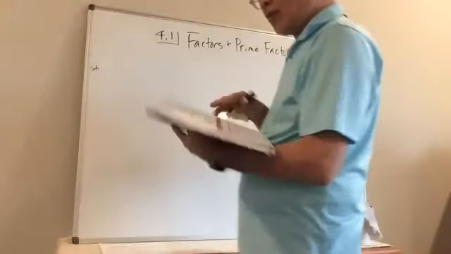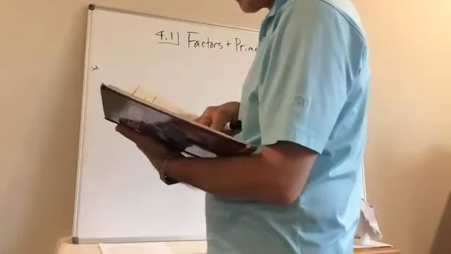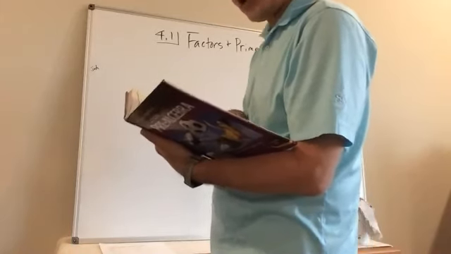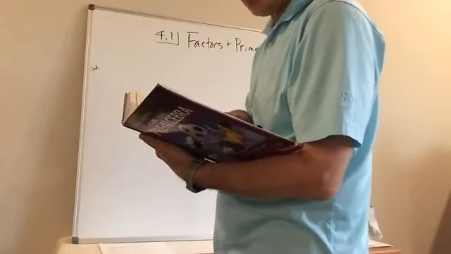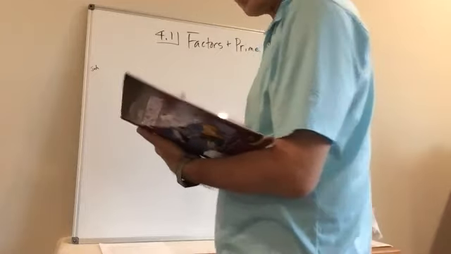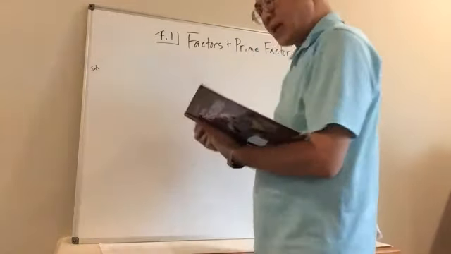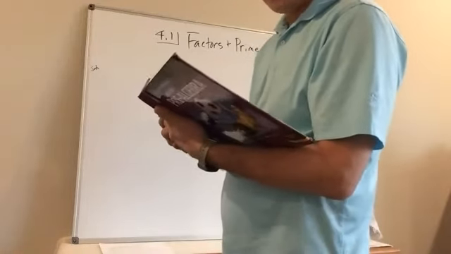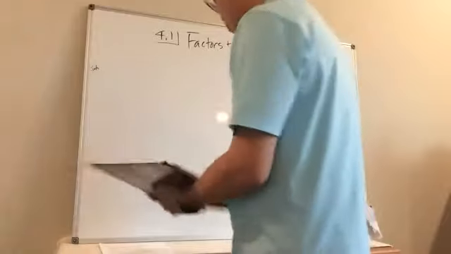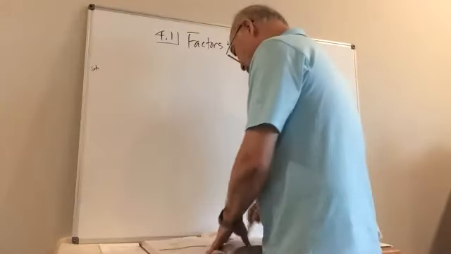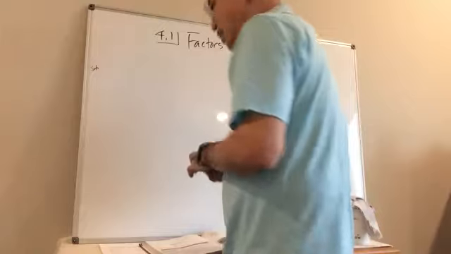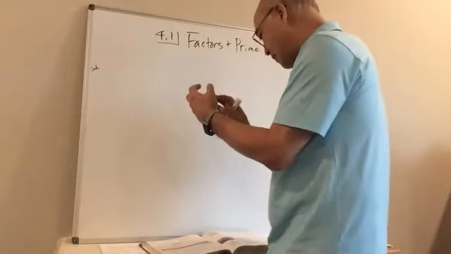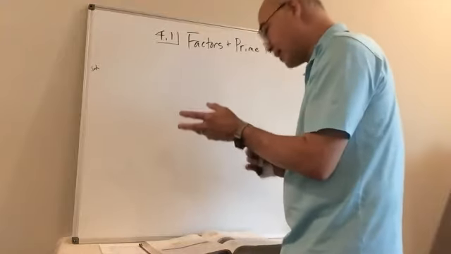Okay, a monomial is a number, a variable, or the product of a number and one or more variables raised to whole number powers. So you can see the examples there of monomials. Monomials are just one term. They're just one something that's all multiplied together. There is no plus, minus, or anything like that.